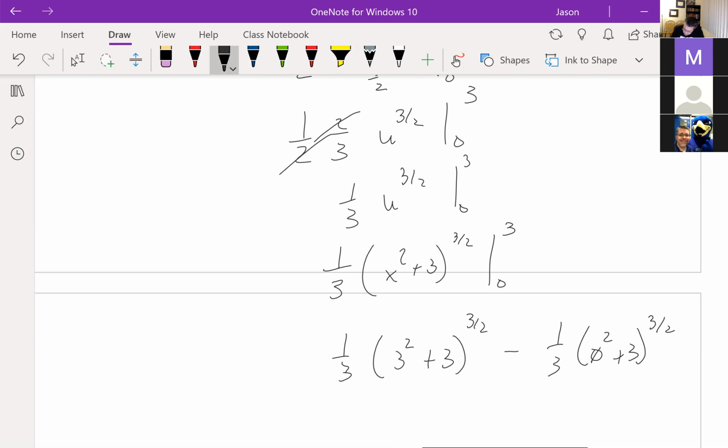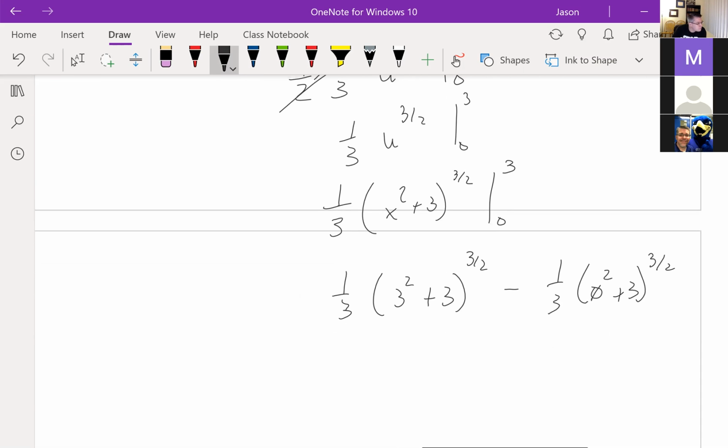And so we get 3 squared plus 3, that's 9 plus 3 is 12. So that's 12 to the 3/2 power over 3 minus 3 to the 3/2 power over 3.